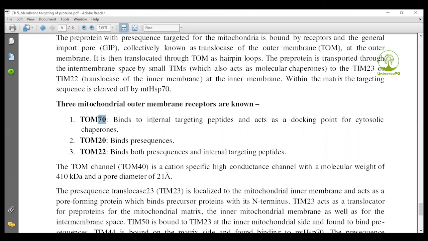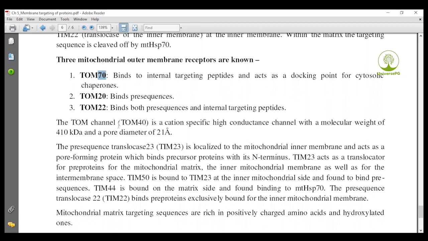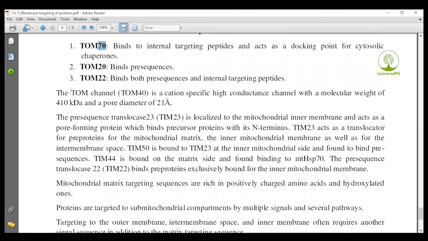Functions: TOM70 binds to internal targeting peptides and acts as a docking point for the cytosolic chaperone. TOM20 binds both pre-sequences and internal targeting peptides. Last few lines: the outer membrane channel TOM40 is a cation-specific high-conductance channel with a molecular weight of 410 kDa and a pore diameter of 21 angstrom.